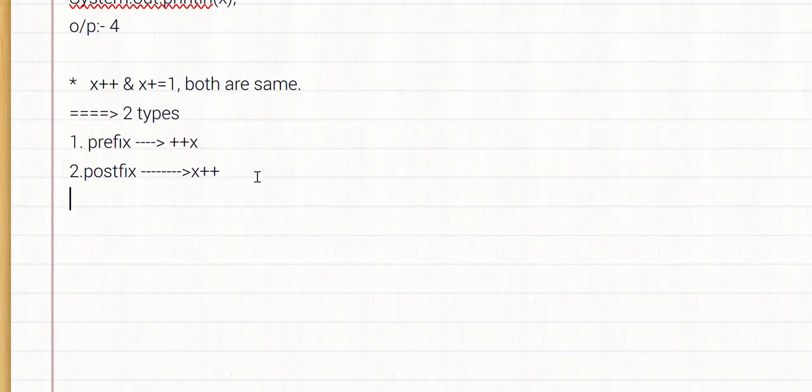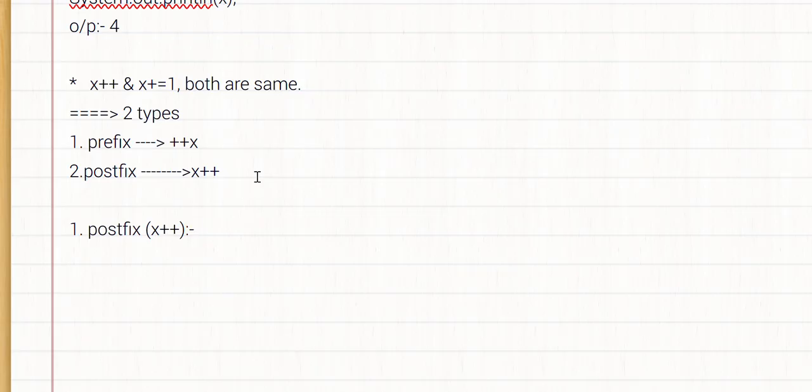First one, postfix. Here we use first and increase next.